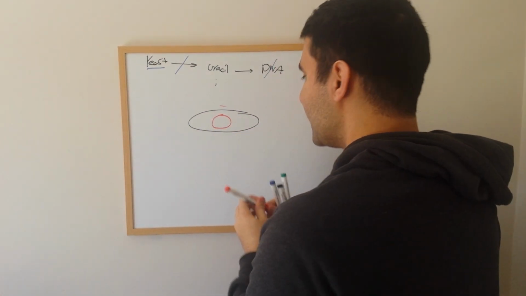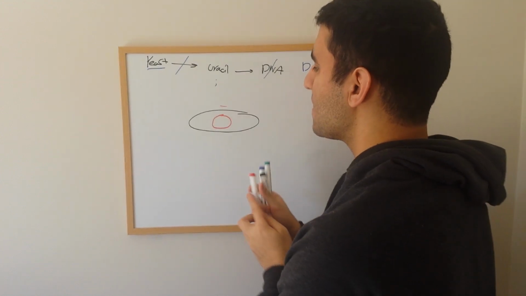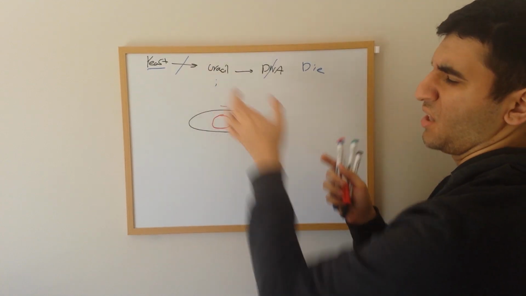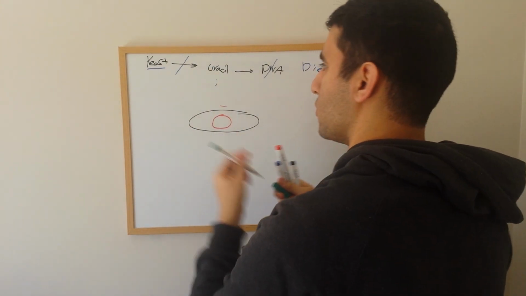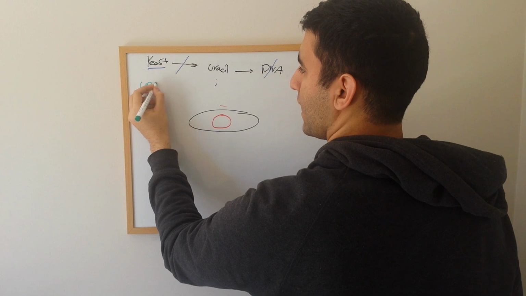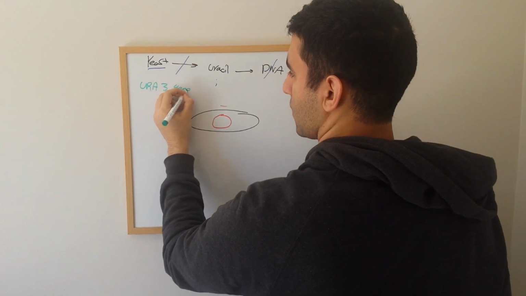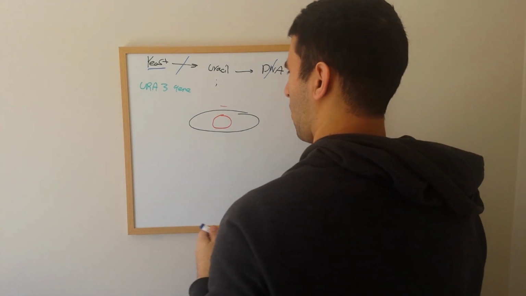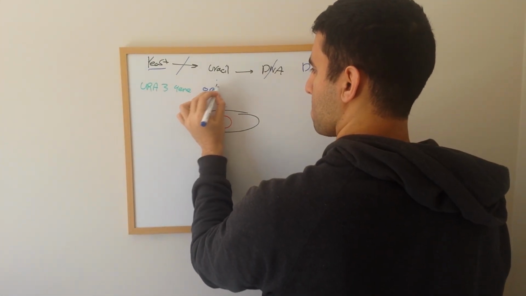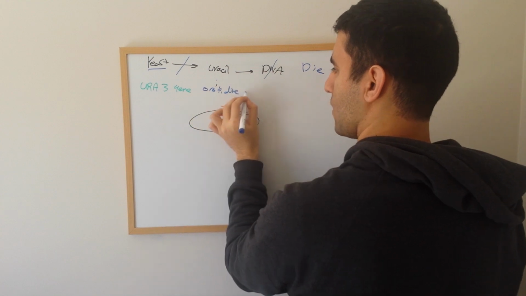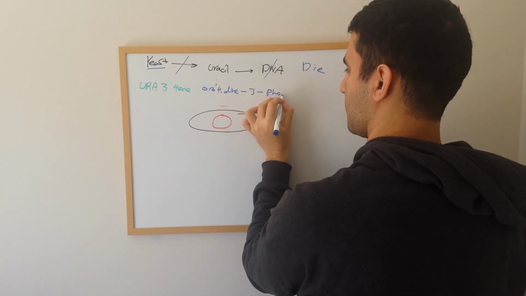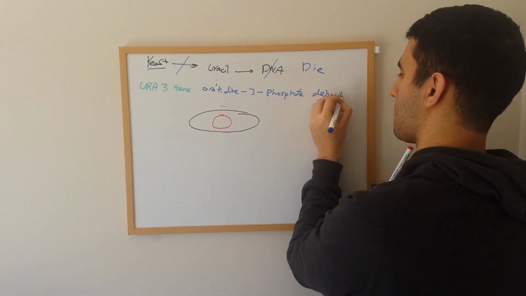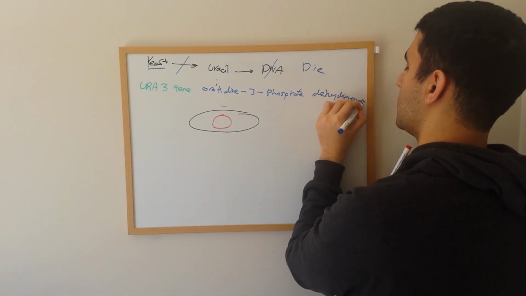This yeast is, for example, an auxotroph. So what do we mean by that? It cannot produce uracil. How? Uracil is produced by something known as the URA3 gene. The URA3 gene encodes an enzyme, I think it's orotidine 5'-phosphate decarboxylase.